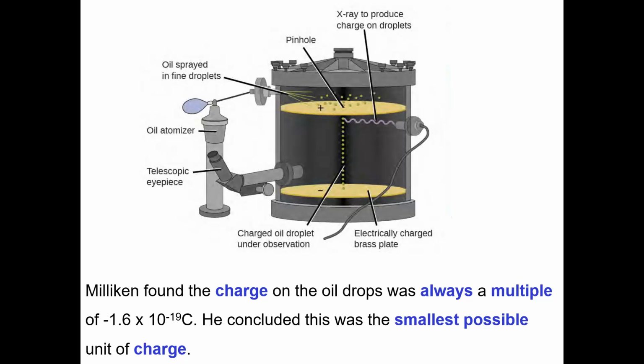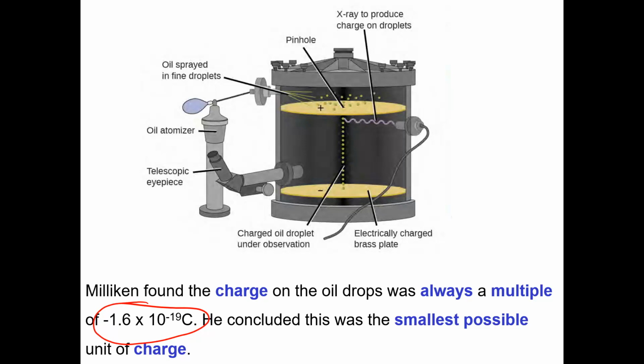He would allow the oil droplets to fall under the influence of gravity, but because they were charged, he could put plates either side of where the oil drops were falling and vary the charge on those plates until the oil drop would levitate. What he found by balancing the gravitational pull downwards and the repulsion upwards was that the charge on his oil drop was always a whole number multiple of negative 1.6 by 10 to the minus 19 coulombs.